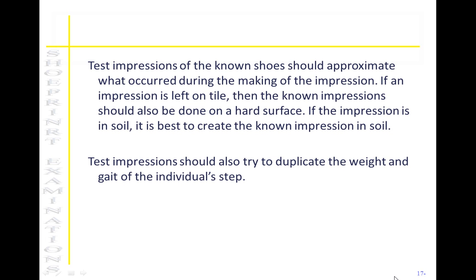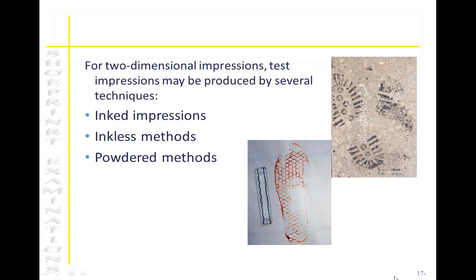When you make the test impressions, you also want to try to duplicate the weight of the individual and also a gait that they may have taken with each step. For two-dimensional impressions, this can either be done through inked impressions, inkless methods, or powdered impressions.